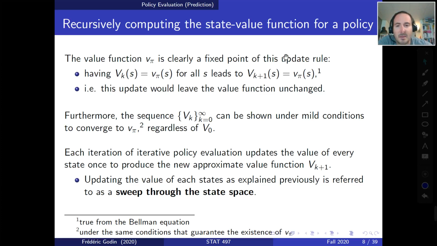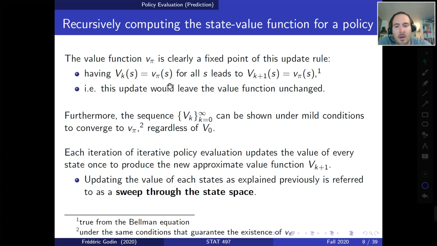So what do we mean by v pi is a fixed point of the previous update rule? It means that if at some iteration k, we managed to have a perfect estimate of the value function, so if vk(s) was equal to v pi(s) for all s, then applying the policy evaluation would leave our estimate unchanged.